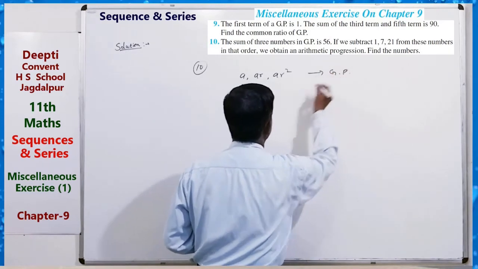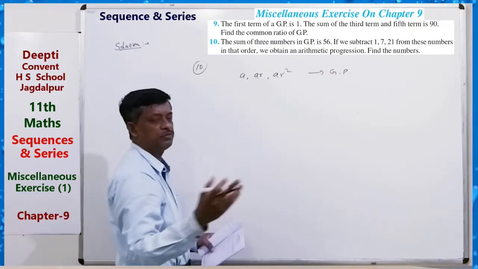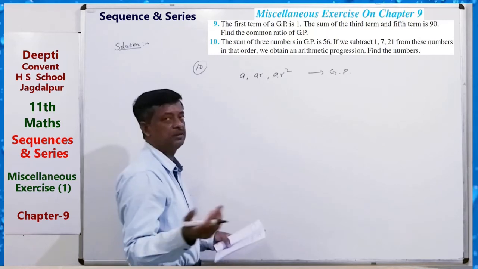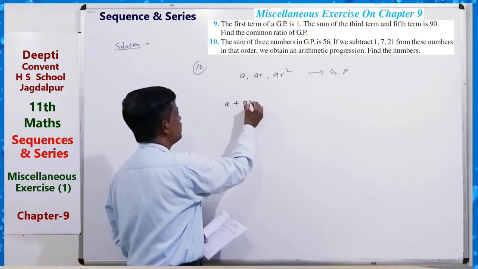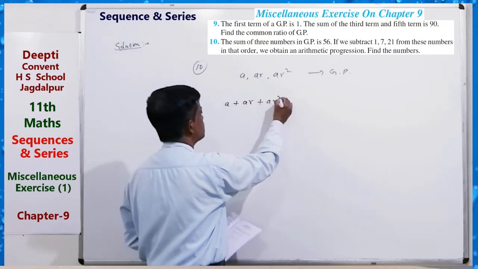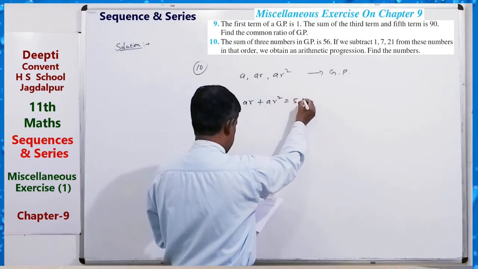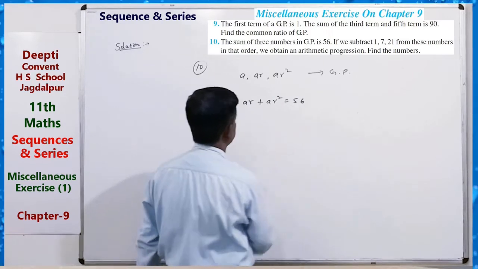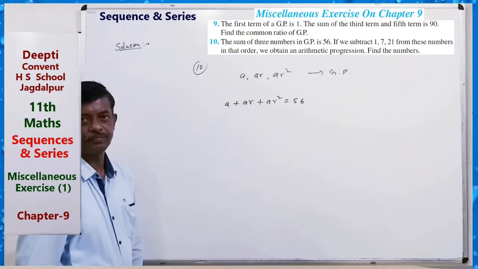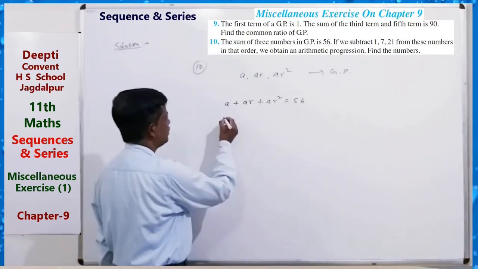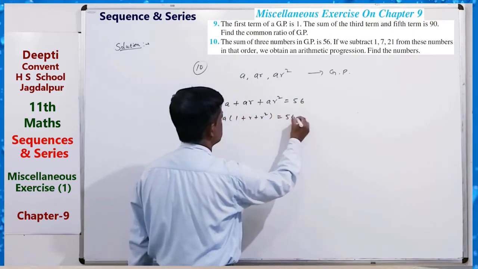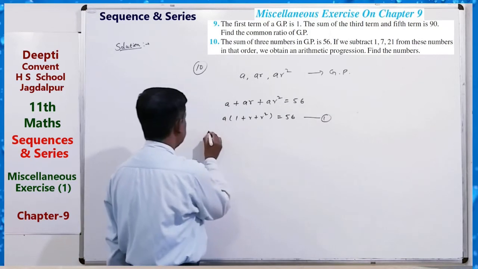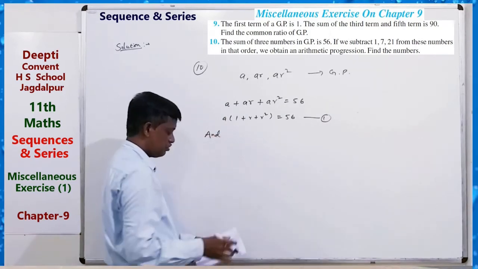We have to find A and R to find the numbers. According to the question, first of all, the sum of these three terms equals 56. This is equation 1, and it can be written as A times 1 plus R plus R square equals 56.